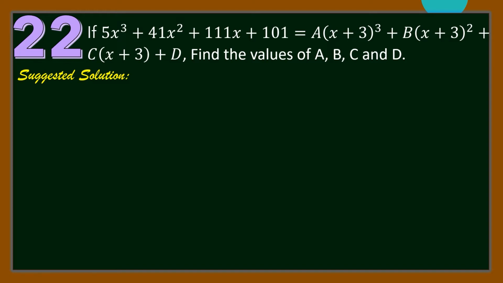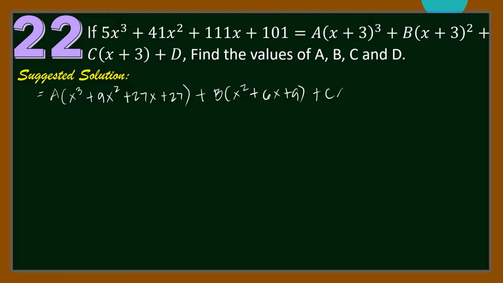So we have a times (x^3 + 9x^2 + 27x + 27), plus b times (x^2 + 6x + 9). Then we have cx + 3c + d.